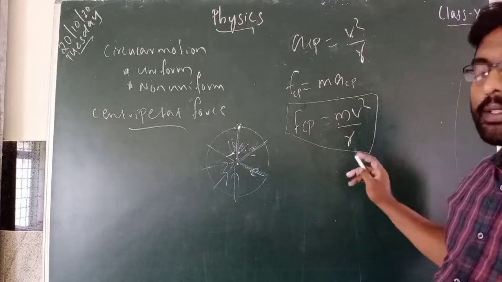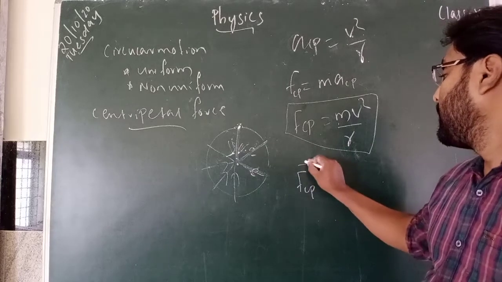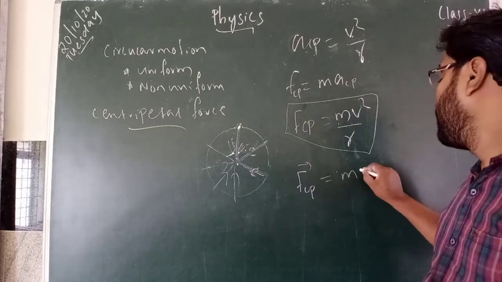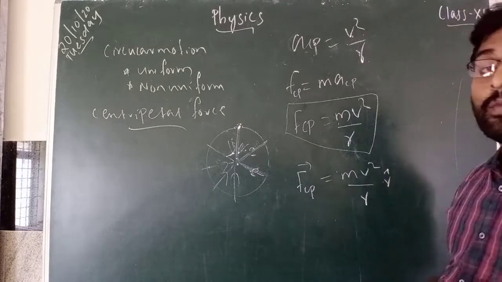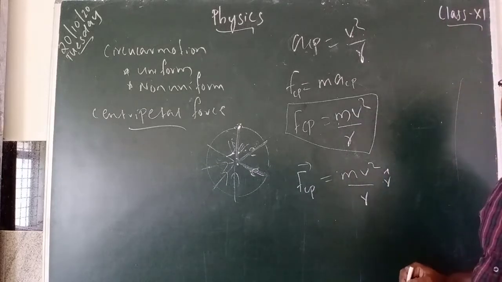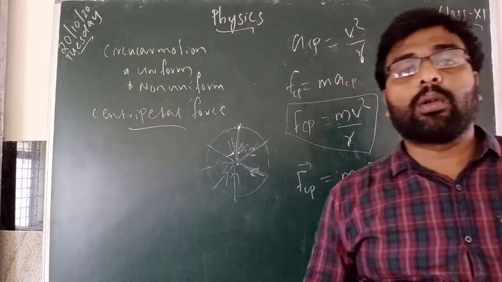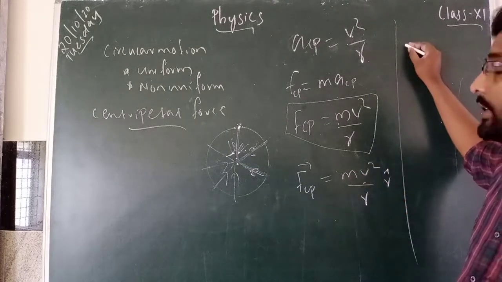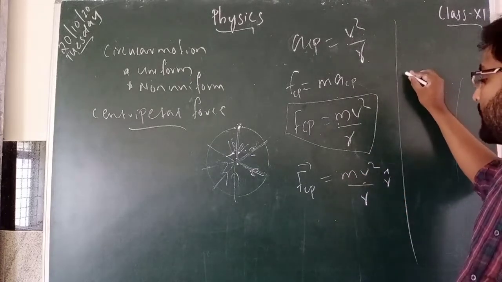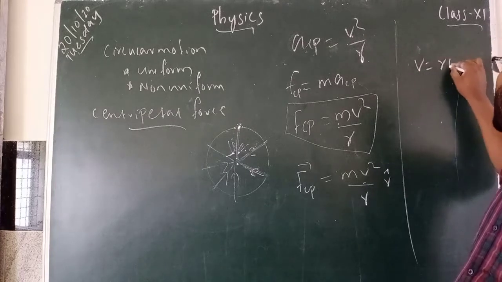We can write this equation in vector form. So F vector is equal to m v square by R, R cap direction. From this equation, for angular circular motion, we can write this equation in terms of angular quantities. We know that V is equal to R omega.